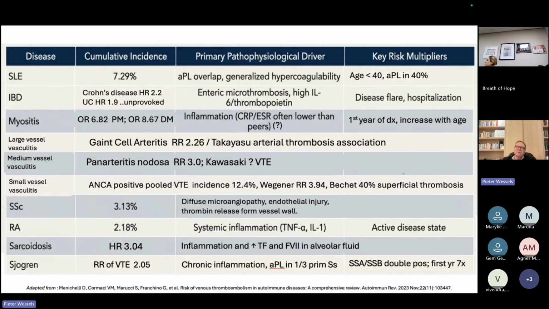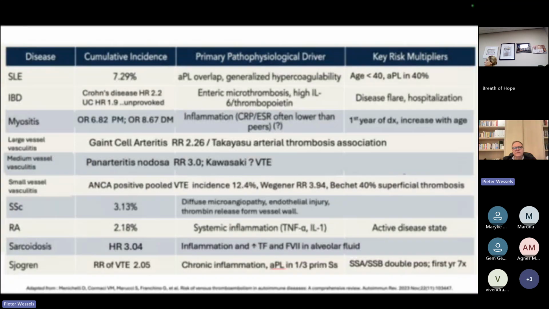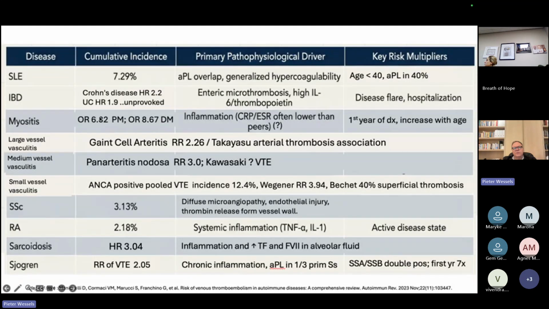In other words, do you have diarrhea, do you have blood in your stools, etc.? Not only for colon carcinoma, but also to make the diagnosis, because it often gives an unprovoked VTE in these patients. And this is enteric microthrombosis, high interleukin 6, increased thrombopoietin, and it's mostly at the time of the flare of the disease and at the time of hospitalization that Crohn's and ulcerative colitis got that problem.